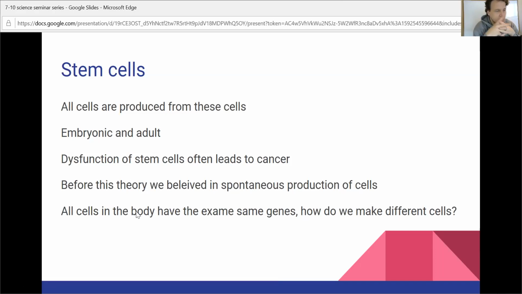So the cells in your brain and the cells in your feet, in your liver and your kidney have the same genes. And at the end of this week 10, we will answer that question, I hope. And it encompasses everything that you need to know for 7 to 10, for biology, anyway.